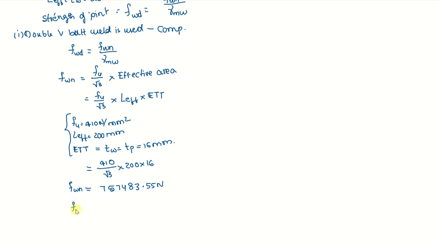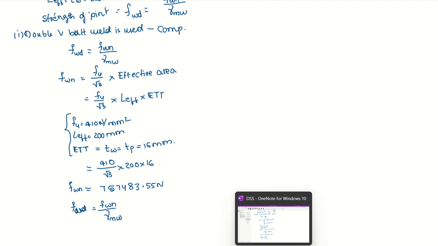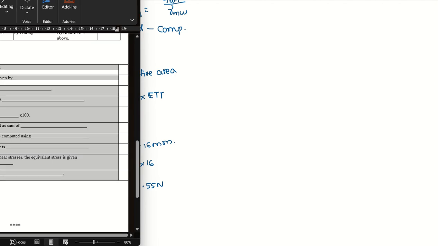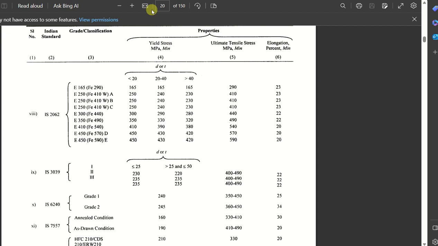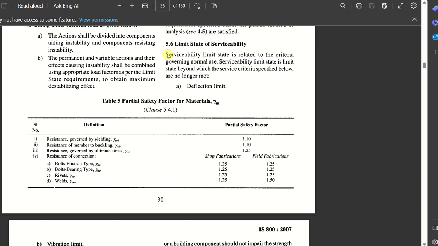FWD we can find by FWN by gamma MW. Gamma MW for shop weld we have used. Let us check the code book again, table number 5, page number 30. Here it is.